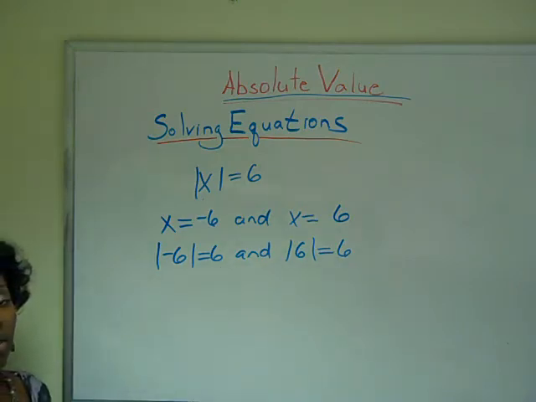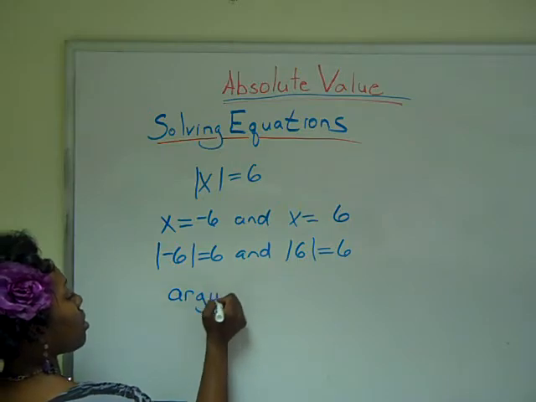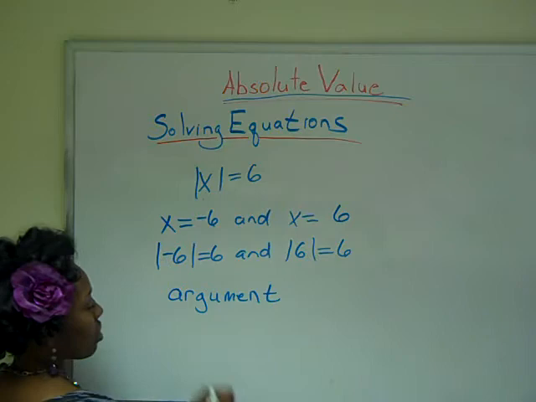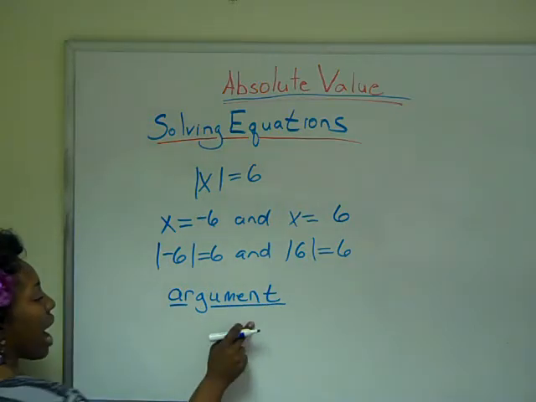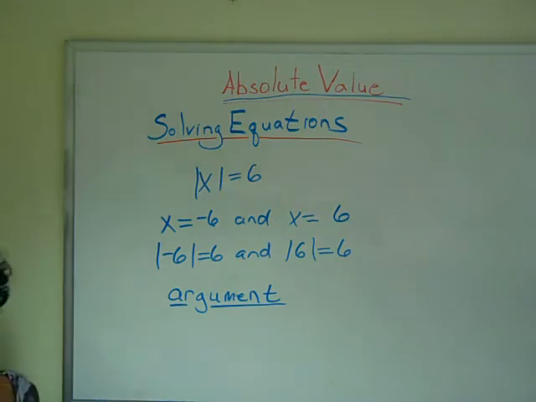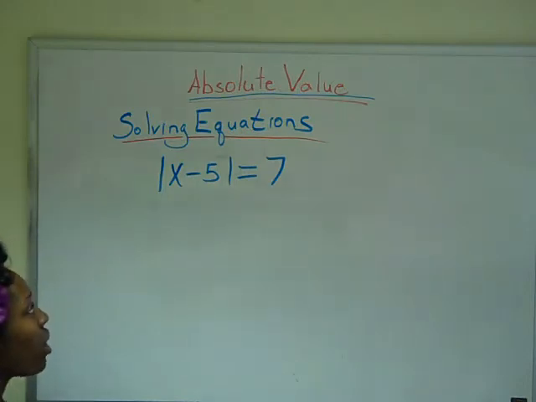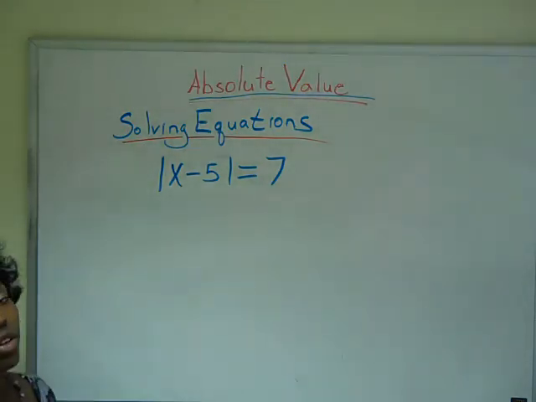And whatever we have on the inside of the absolute value bars is called an argument. So, our argument can be negative or positive. Let's try solving a more complicated equation. We know that our argument can be negative or positive and yield the same absolute value.